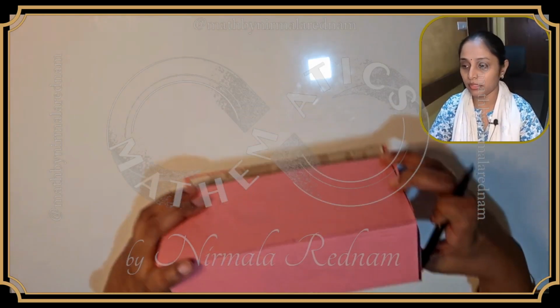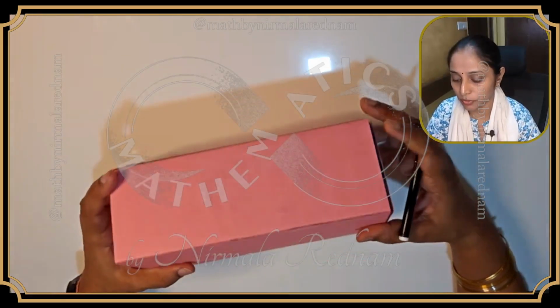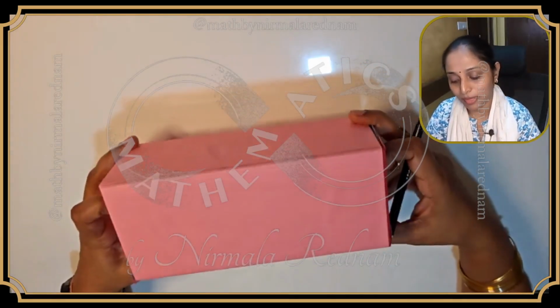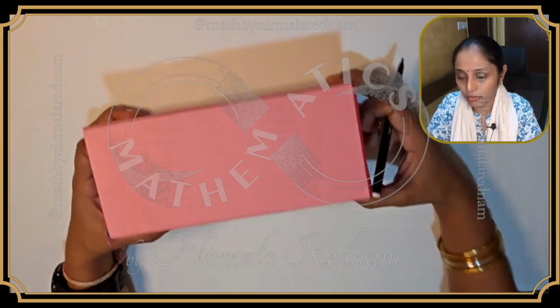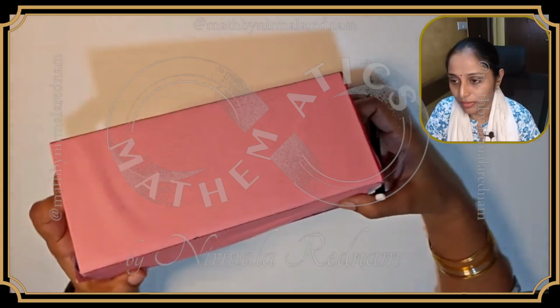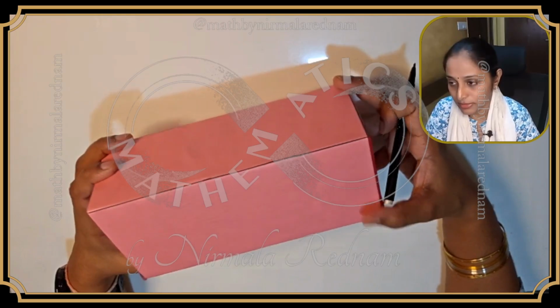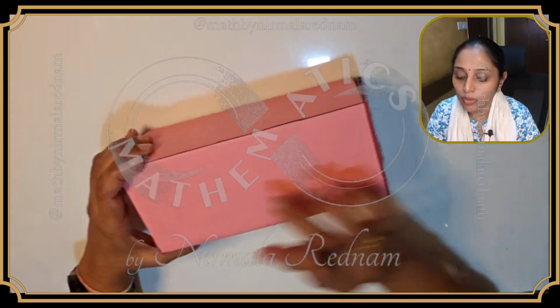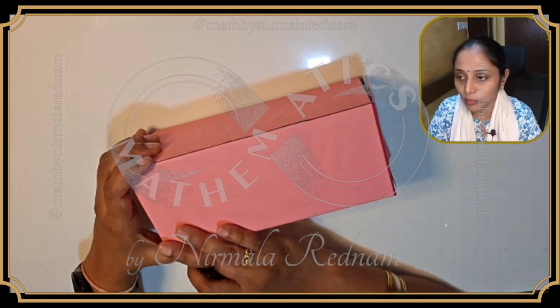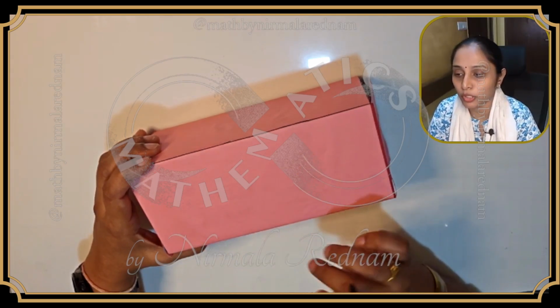As they have shown in the textbook, you're going to have again 6 faces, right? And you will be having a figure something like this. The only difference is that each face now is going to be a rectangle. It's not going to be a square, it is going to be a rectangle.